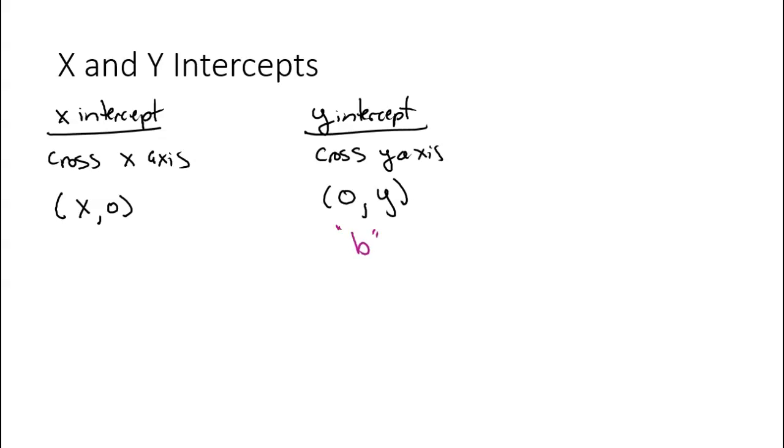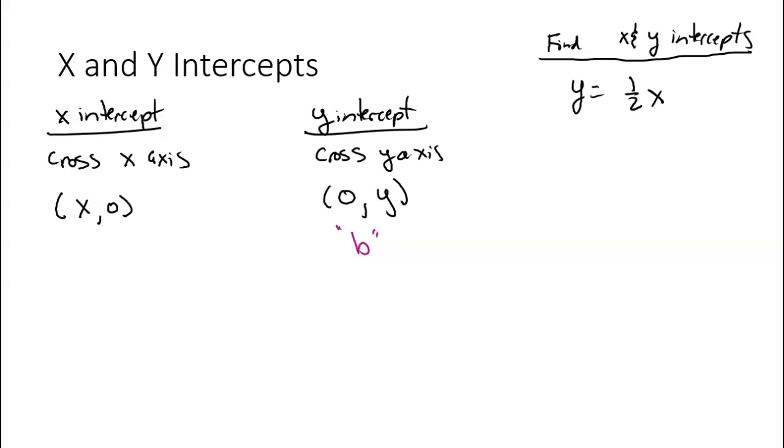Okay, so how do we actually find this? Find the x and y intercepts of the equation y is equal to 1/2 x plus 12. It's important to label our x and y-intercepts. I'll put my x-intercept first.